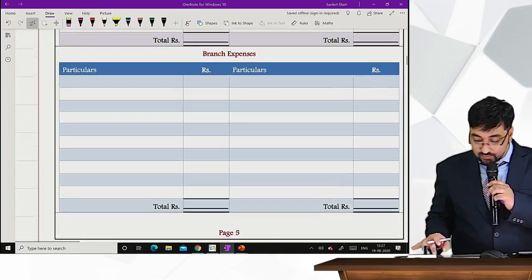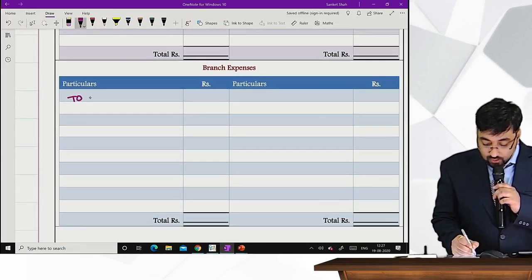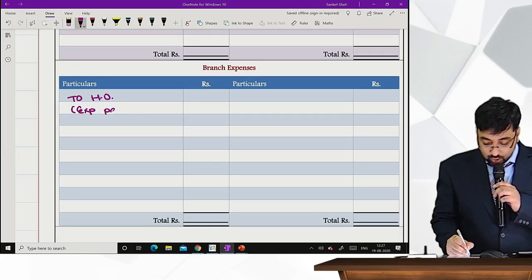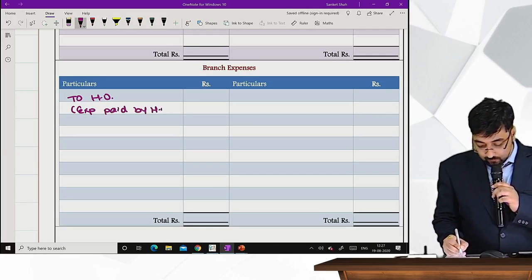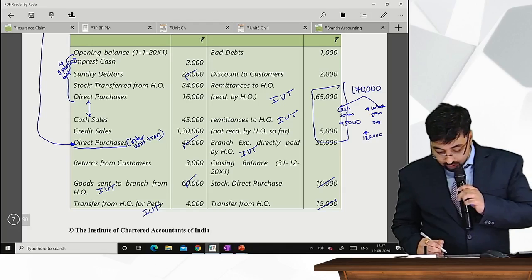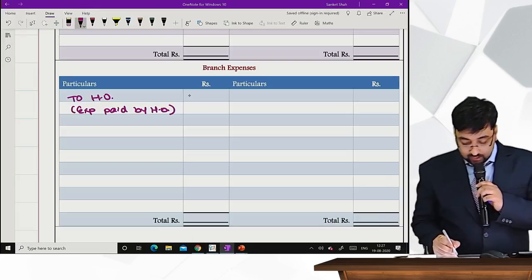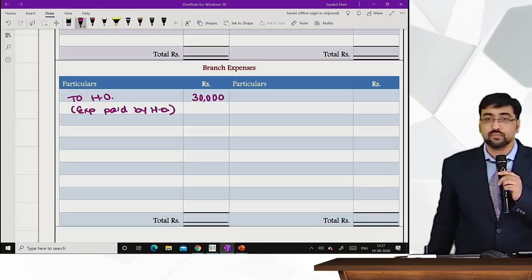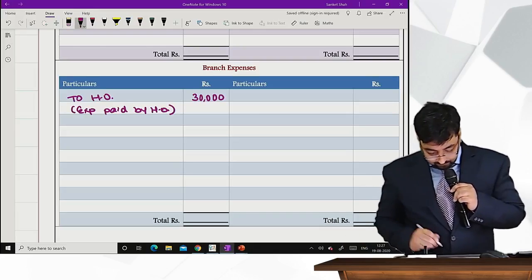So branch expenses account debit to head office account, expenses paid by HO. Branch expenses paid by HO amounting to rupees 30,000. Correct? It's very simple.